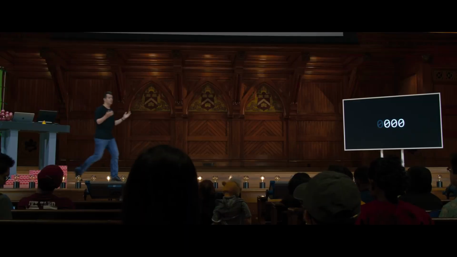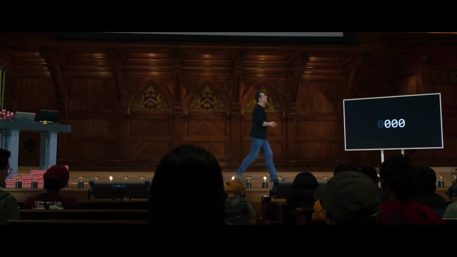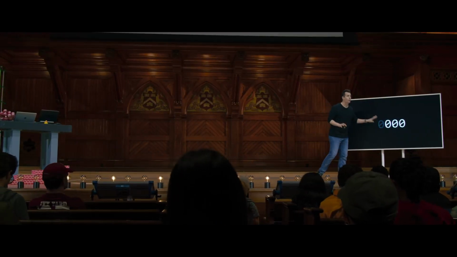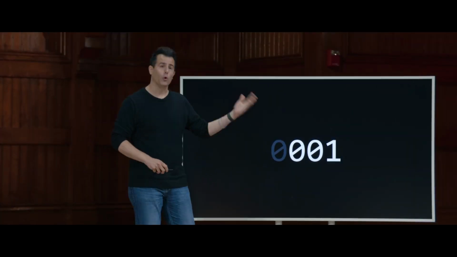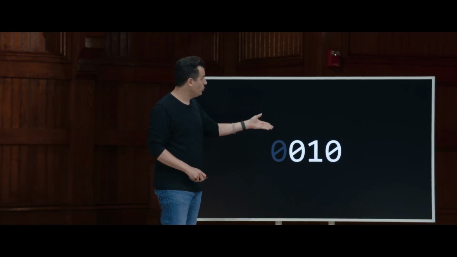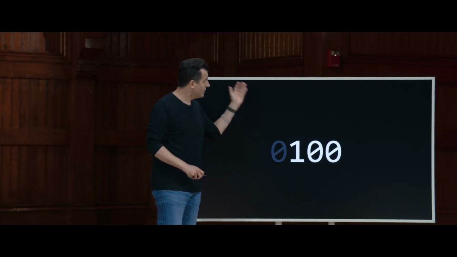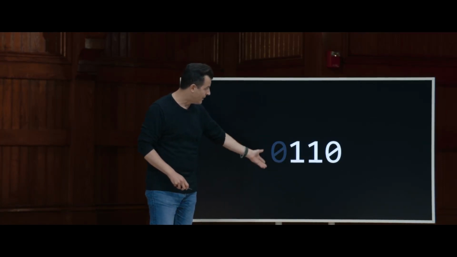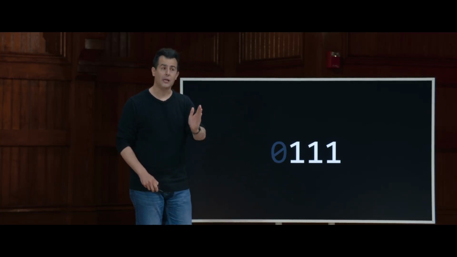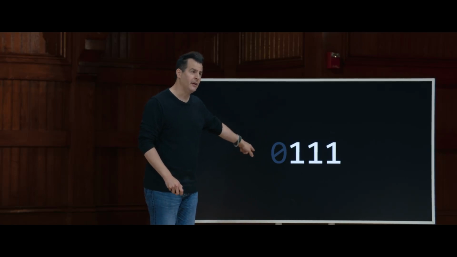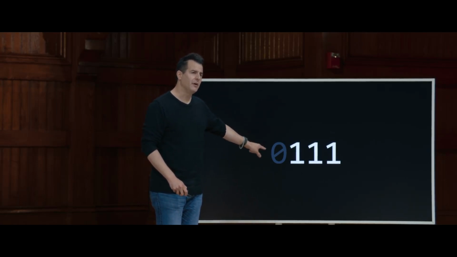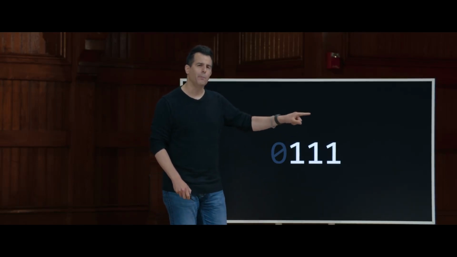In the world of numbers, as per week 0, if you're only using 3 digits, and I've grayed out the 4th one just to make the point, if you're only using 3 digits, we can count from 0 to 1 in decimal, to 2, to 3, to 4, to 5, to 6, to 7. And as soon as you count to 8, you technically, per last week, need a 4th bit. But if you don't have it, the number 7 might seem to be followed by what number instead?